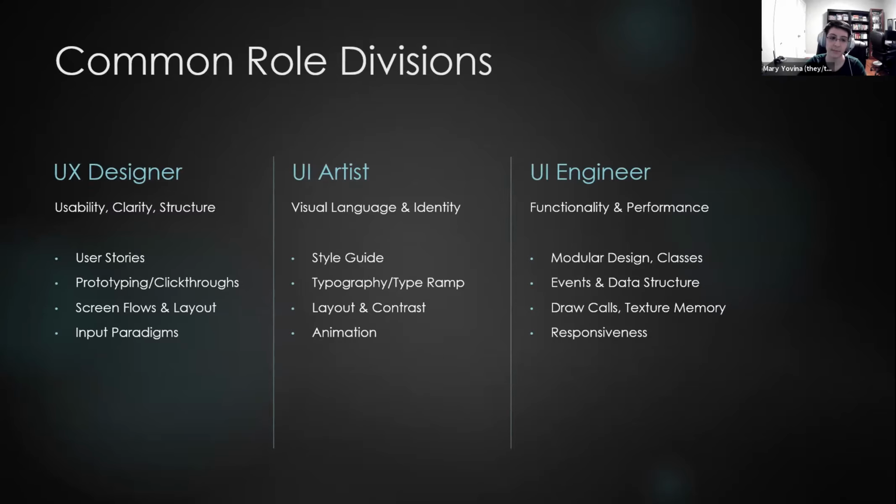UX designers generally focus on the usability, clarity, and structure of the experience from a design perspective, UI artists focus on the visual language and identity as a form of communication, and UI engineers focus on ensuring the interfaces are functional and performant. And again, responsibilities overlap, and these divisions are much more fluid in practice.